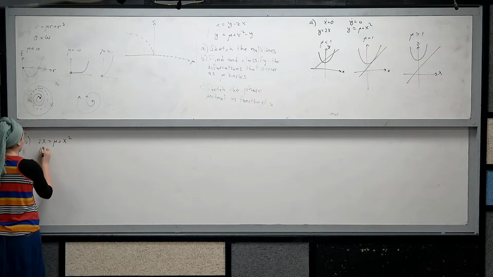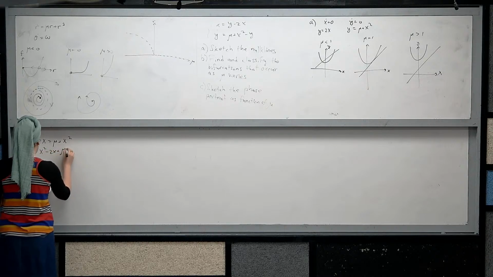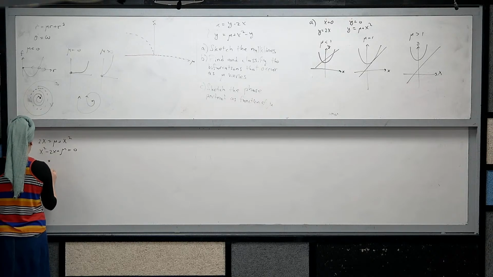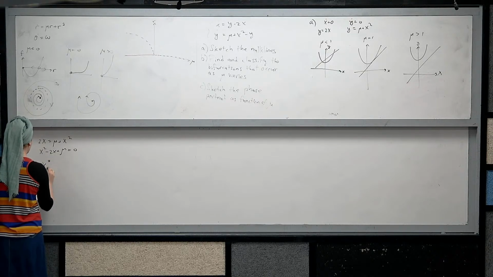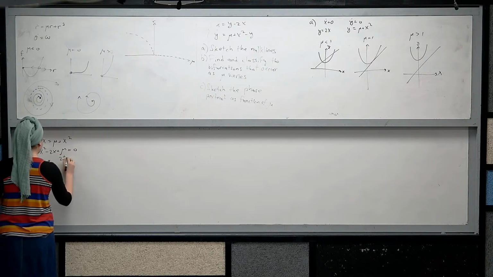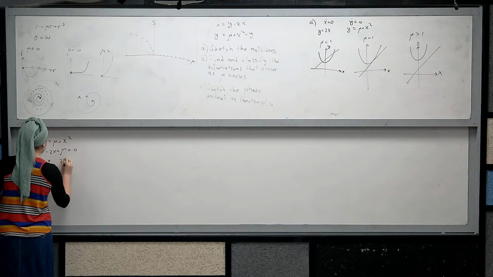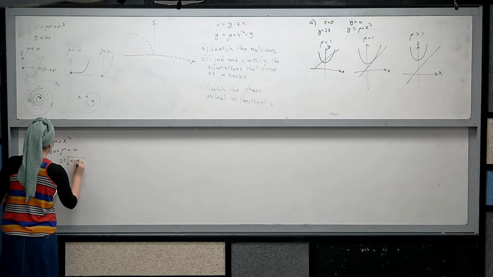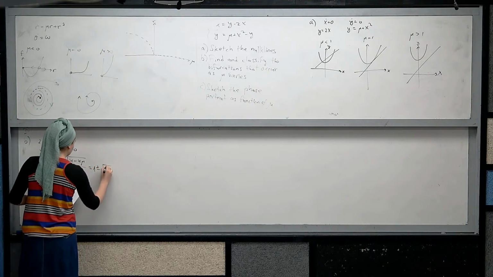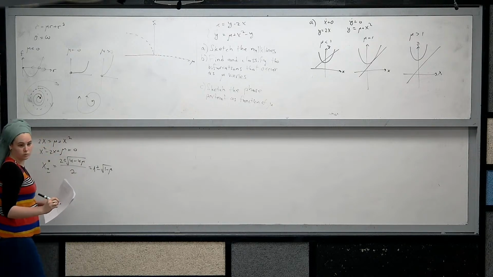So this is actually x squared minus 2x plus mu equal 0, and that means the critical points are 2 plus minus the square root of 4 minus 4 mu, over 2, and this is 1 plus minus the square root of 1 minus mu, right?